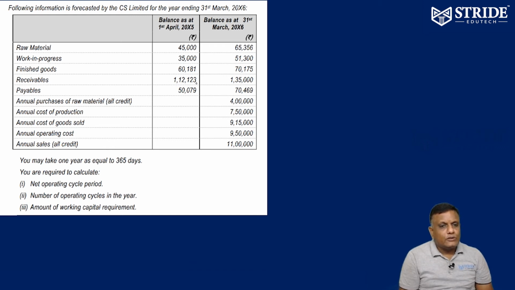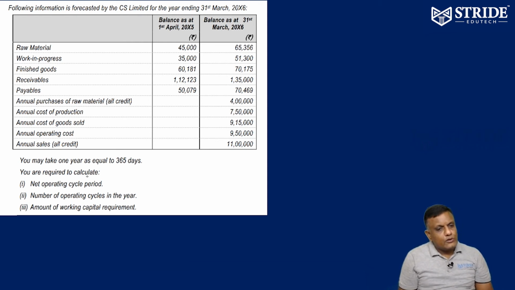Receivables 1,12,123, closing 1,35,000. Payables 50,079, closing 70,469. Annual purchase of raw material, all credit, 4 lakhs. Annual cost of production 7.5 lakhs. Annual cost of goods sold 9,15,000. Annual operating cost 9,50,000. Annual sales, all credit, 11 lakh. 1 year is equal to 365 days.